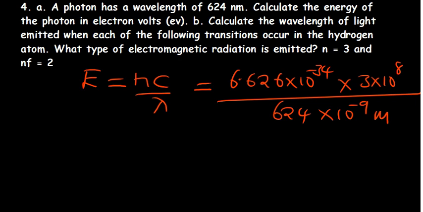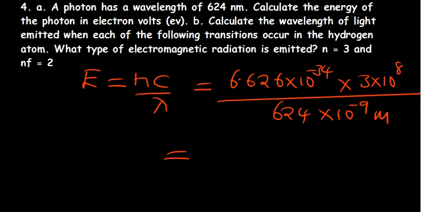So we can now determine the energy. I'll start with the top, 6.626 times 10 to the power negative 34, multiplied by 3 times 10 to the power 8, and then divided by 624 times 10 to the power negative 9.